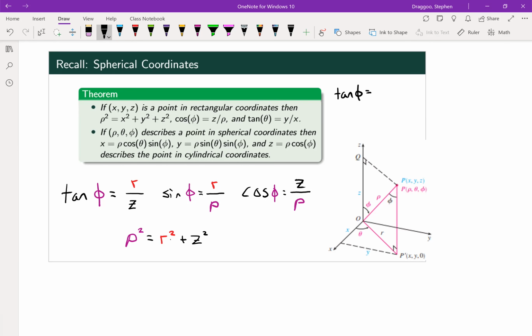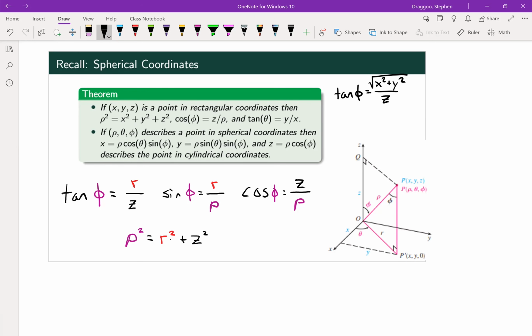Tangent, we want opposite over adjacent, so that's actually the square root of x squared plus y squared, over z. I think I said it backwards a moment ago. There we go. That's our tangent value if we wanted to use it.